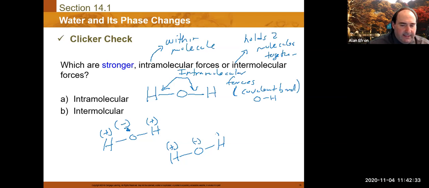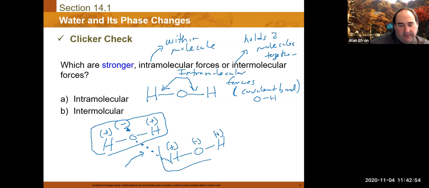So when they get together, what ends up happening is the oxygen in one, which is negative, is attracted to the positive hydrogen in the other. And as we'll see in this chapter, that is what is known as hydrogen bonding. And that bond that holds that one entire water molecule together with this other entire water molecule, this is what is known as an intermolecular force.